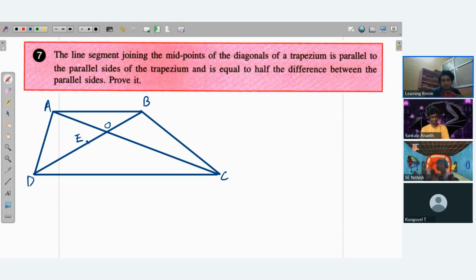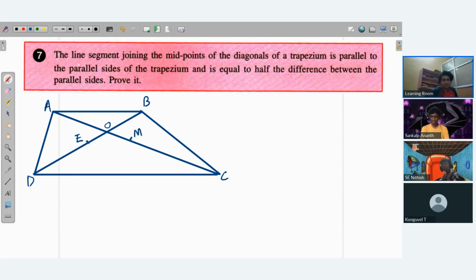I am free to make my trapezium, so I can elongate this DC line segment as long as I want. Or we can find the midpoint of AD and make a line parallel to DC, because opposite sides of a trapezium are parallel to each other.